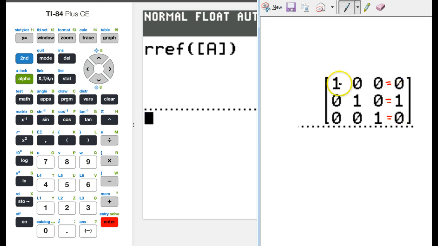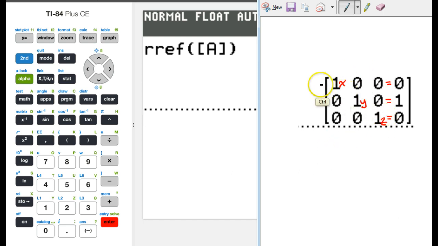Now, in the first column, we had the variable x. Okay, these zeros mean there are no y's and there are no z's. In the second row, we have a 1 for y. So this is 1y. And this 1 represents z. Okay, basically ignore all the zeros, just look at the 1s.